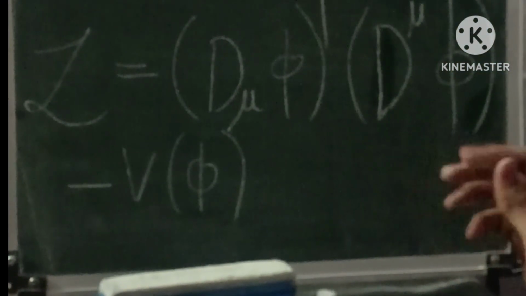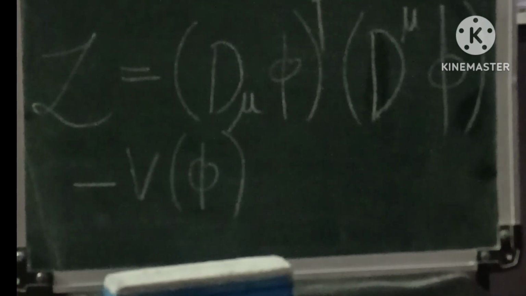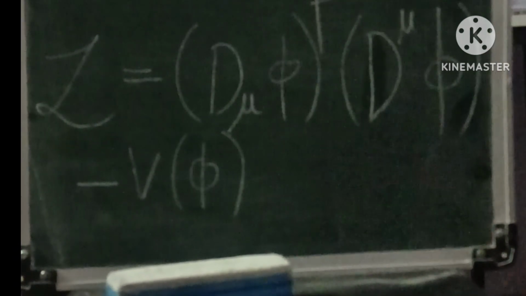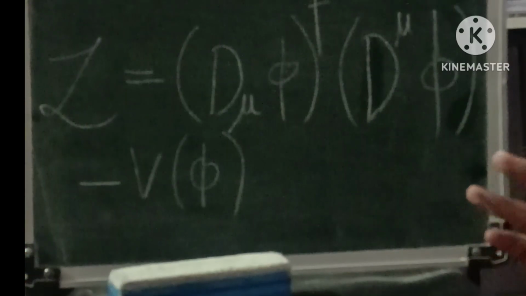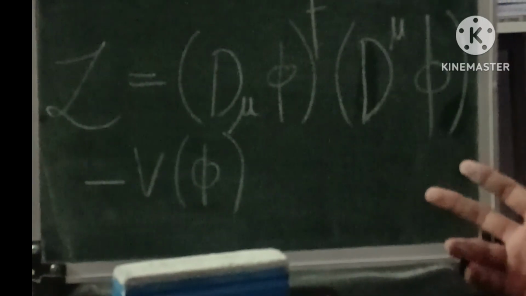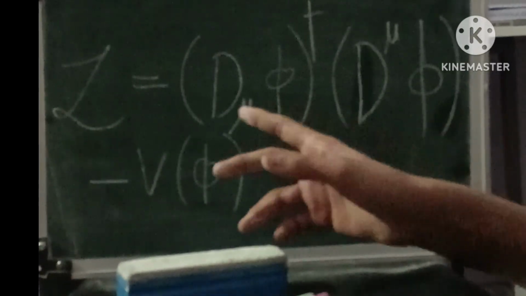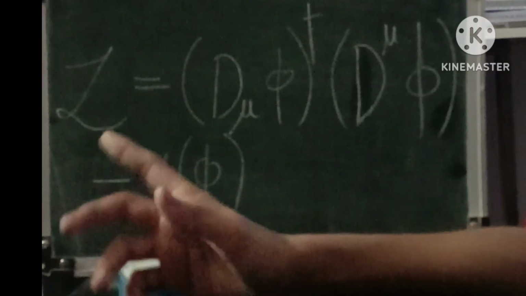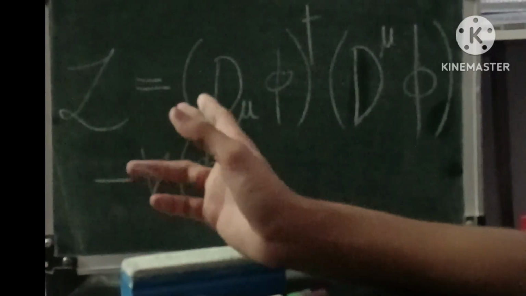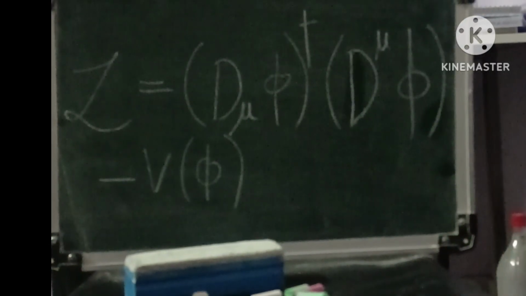We know that the Higgs field is a scalar field, and for a scalar field the general Lagrangian is this, but note that I have directly skipped the conversion of the ordinary derivative into the covariant derivative because it would take a lot of time.